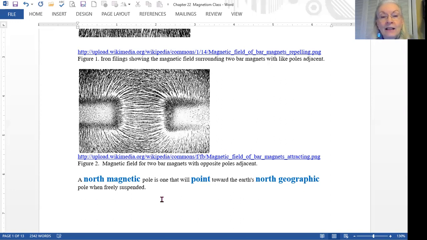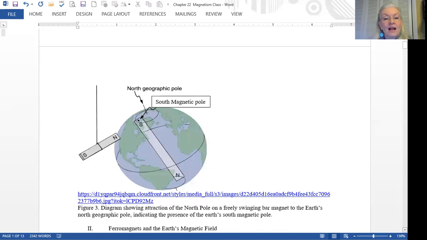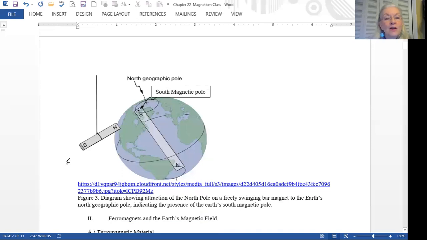So if you had a bar magnet and you tied a string around the middle and just held it, it would spin until it was oriented so that the north pole on the bar magnet pointed towards geographic north. Sometimes they would refer to it as a north-seeking pole.